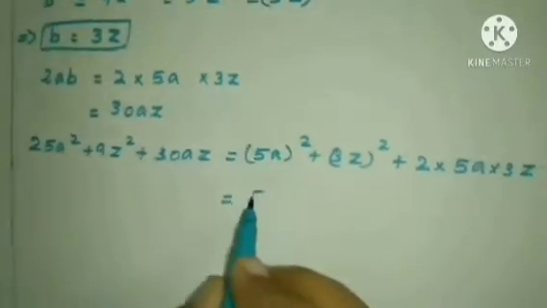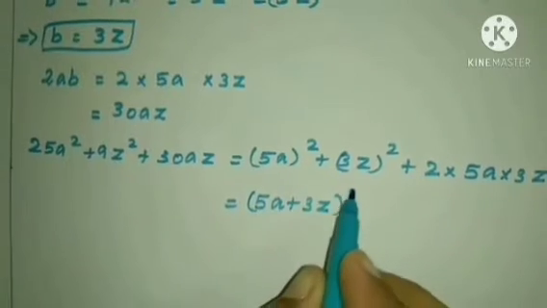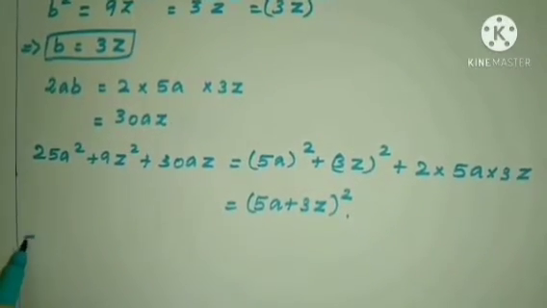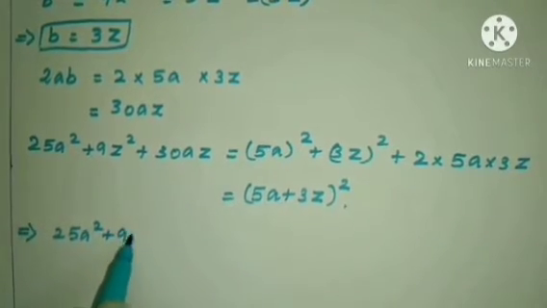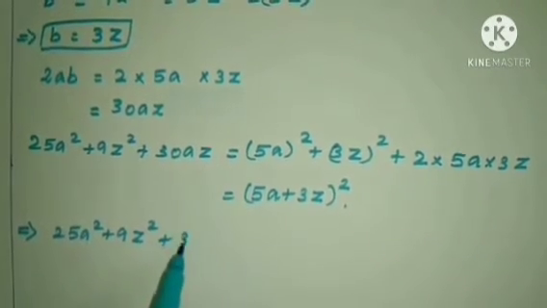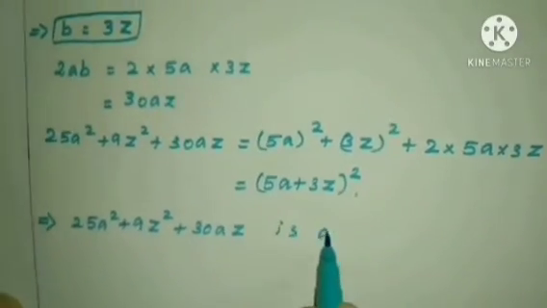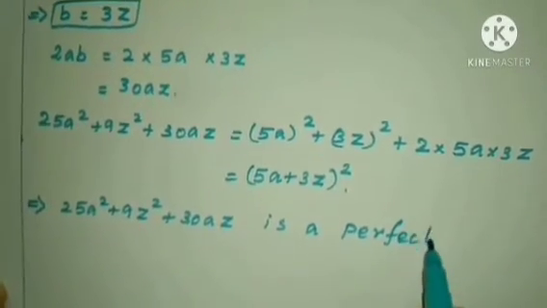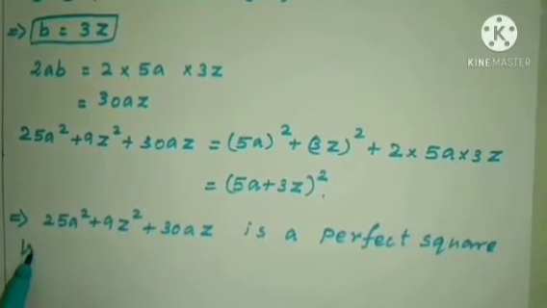It can be written as (5a + 3z) the whole square. This implies 25a square plus 9z square plus 30az is a perfect square trinomial.